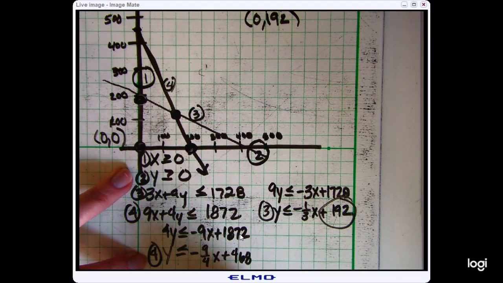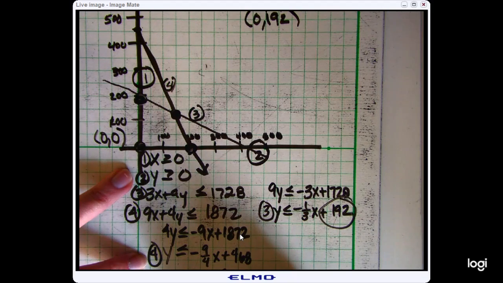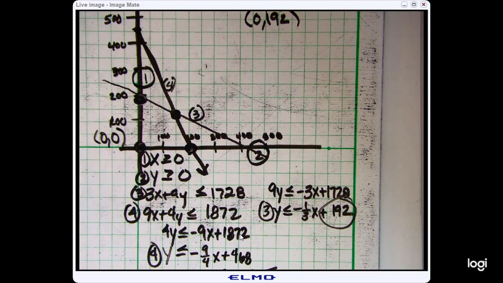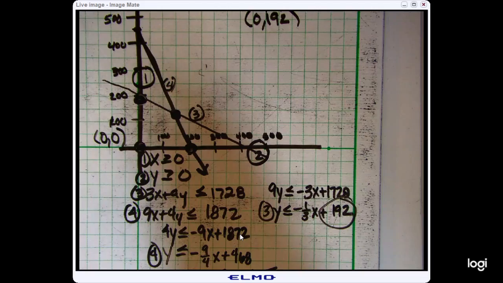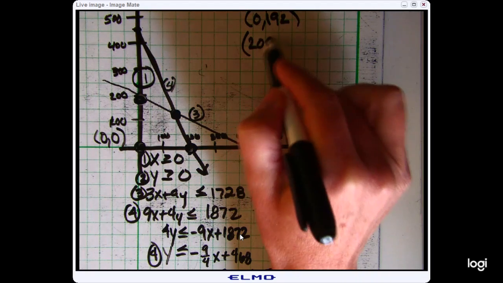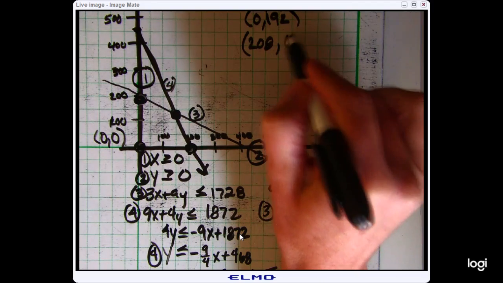Y is 0. 0 equals negative 9/4 x plus 468. Whoops, forgot my x. Take away 468. Okay, let's do negative 468 divided by negative 9/4. And we get 208. So the x value is 208 when the y value was 0.